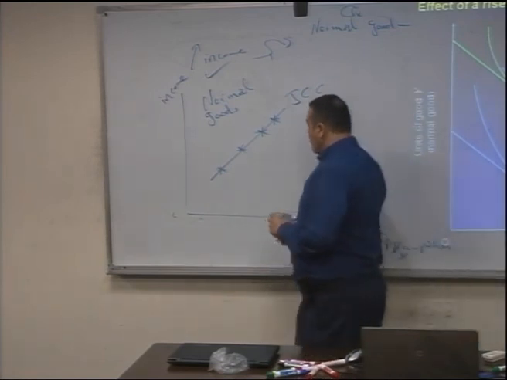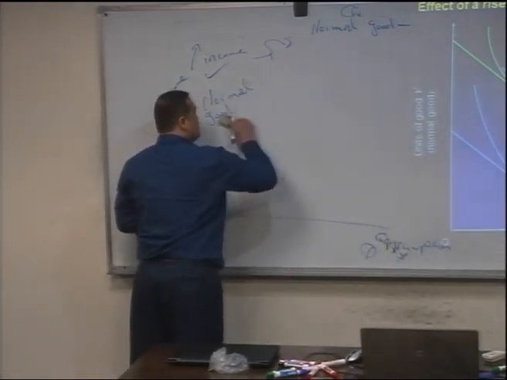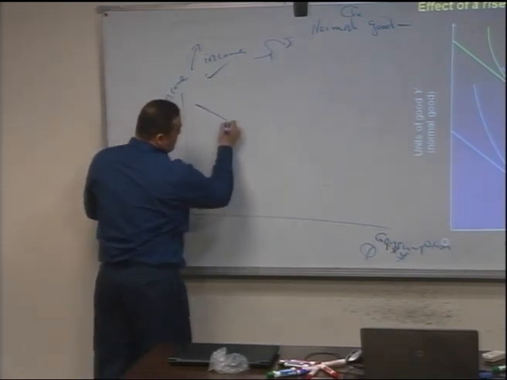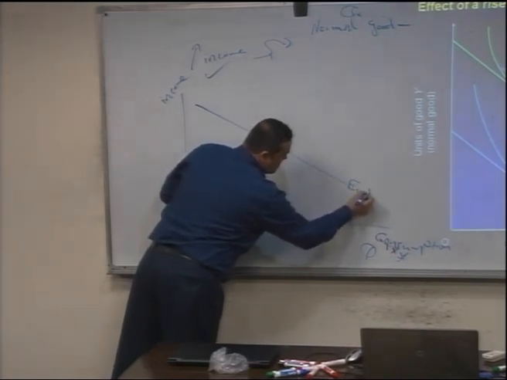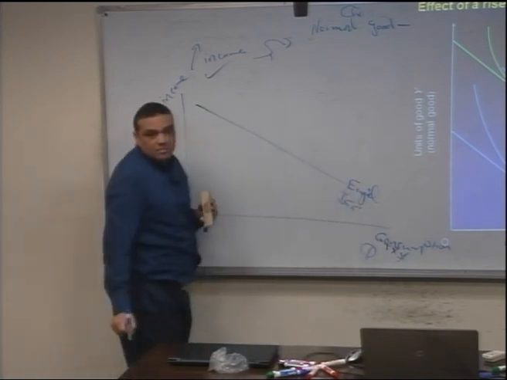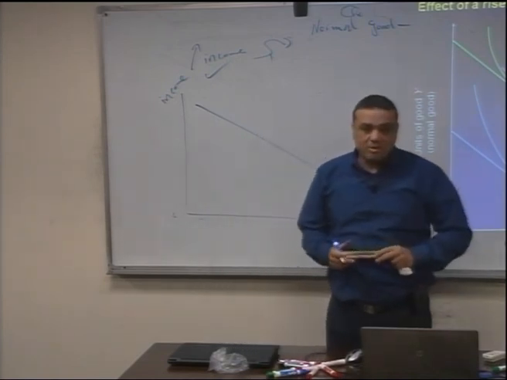What about the inferior goods? The opposite case. This is the income consumption curve, or ICC, and it has a negative slope.